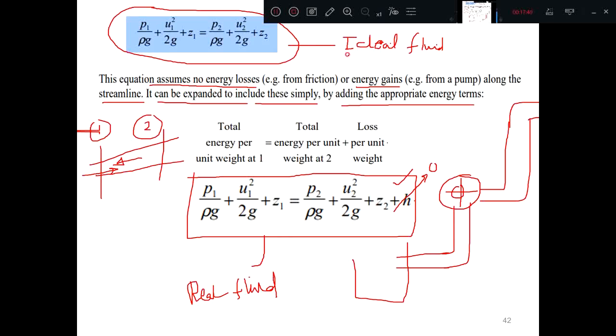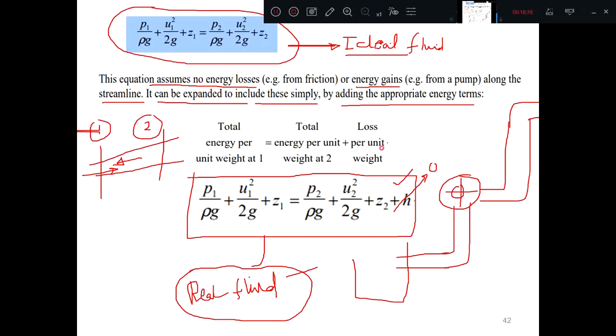Ideal fluid means no losses. This equation can be applied for those fluids which don't have any energy loss. Real fluid means with losses: these fluids possess viscosity, hence there will be frictional losses. For frictional losses, this equation can be applied to analyze the fluid flow, and for no losses, this equation can be applied.